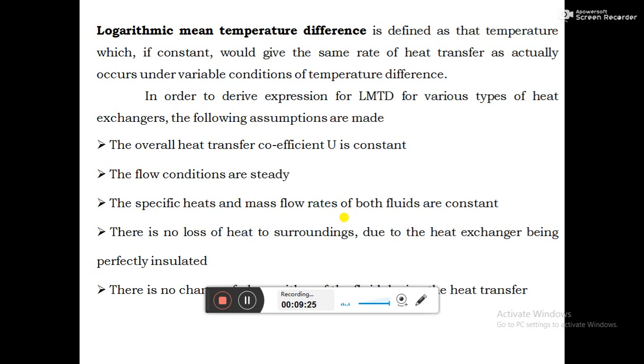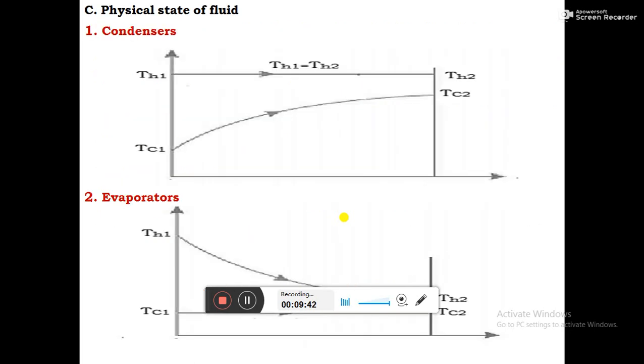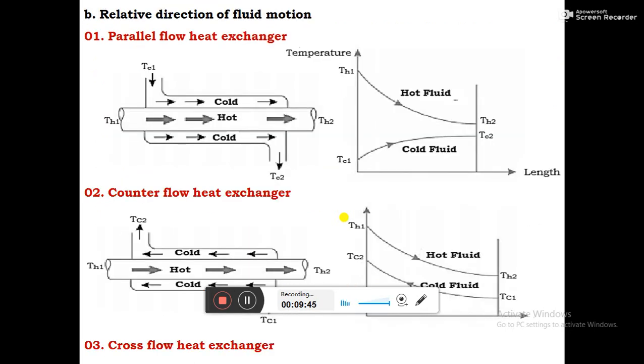the temperature which, if constant, would give the same rate of heat transfer as actually occurs under variable conditions of temperature difference. Already we studied parallel flow and counterflow heat exchangers.